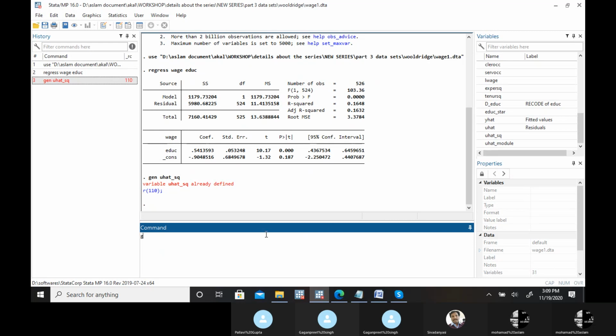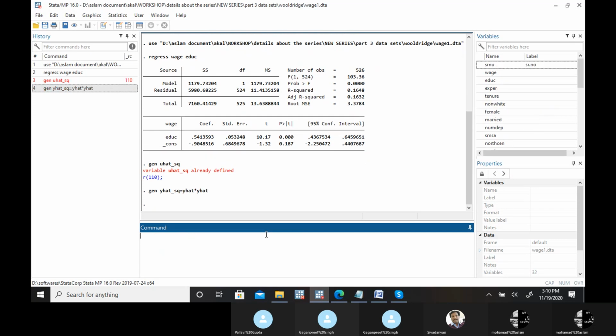I don't have Y hat square, so I have to generate it. Generate Y hat square equal to Y hat multiplied by Y hat. So let's cross check all these values first.